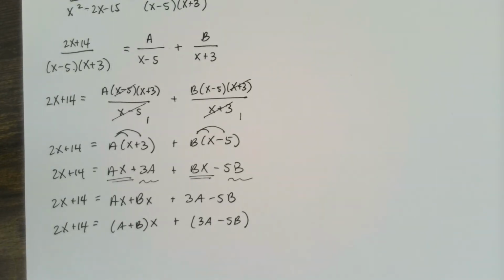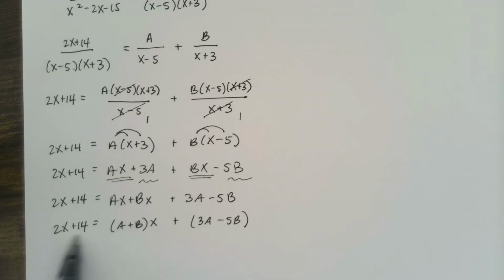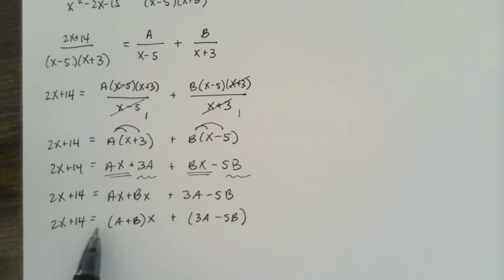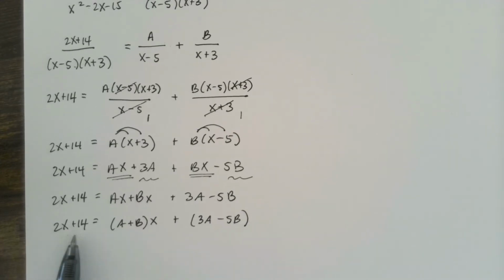So again, remember, our goal is to solve for the values of a and b. What you have on the left and right is that this linear function, 2x plus 14, in general it would be some polynomial, but in this case it's linear. 2x plus 14 should equal this polynomial, something x plus something, for every single value of x. That's key.